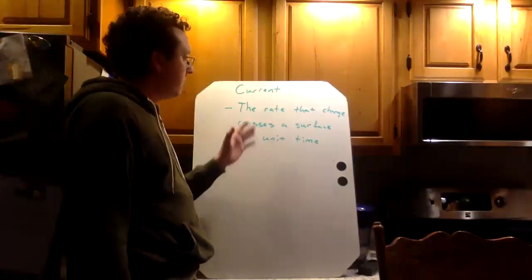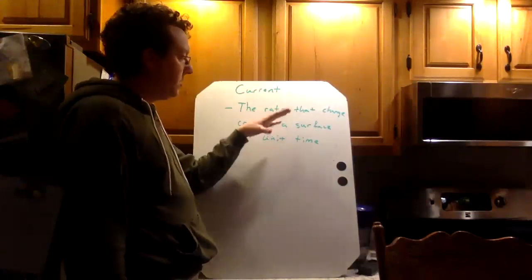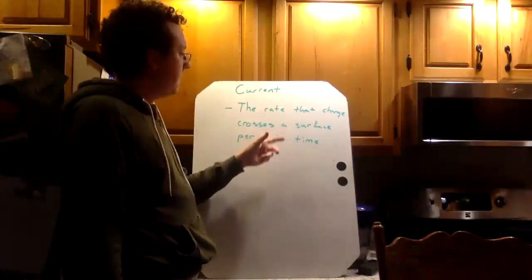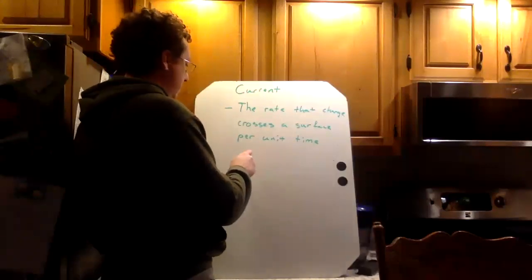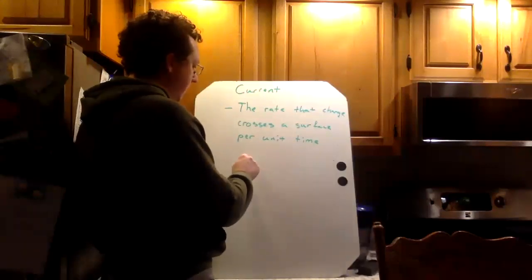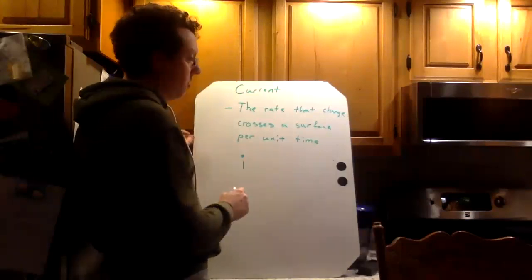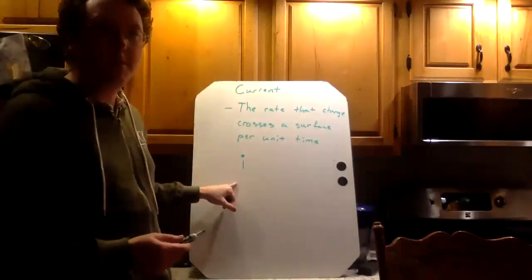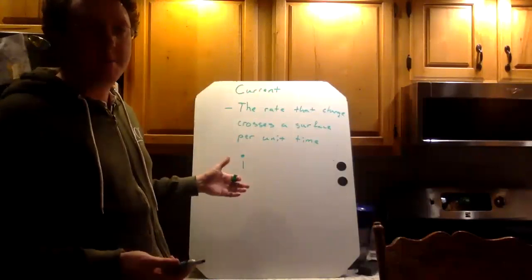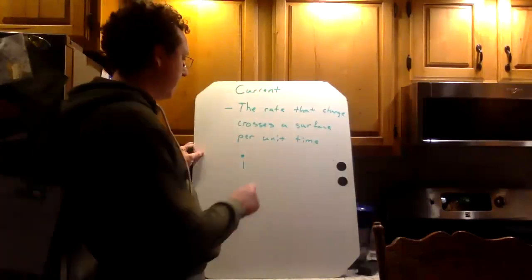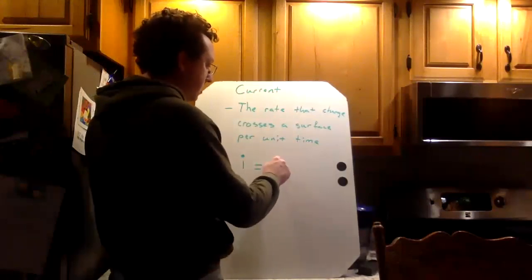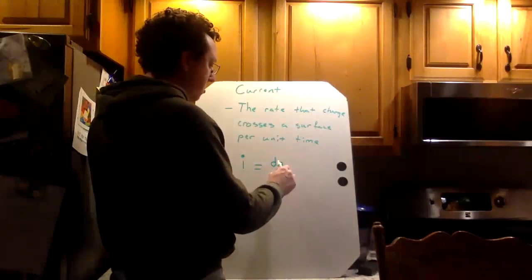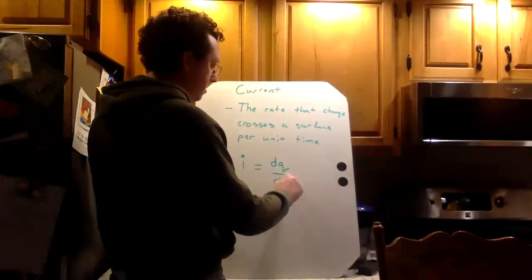So it has to do with a surface and charge per unit time. Unit-wise then, the symbol for current is I. I'm going to use lowercase i. Sometimes people use capital I. To be honest, I may go back and forth if I forget what I'm doing. And it's a change in charge per unit time.